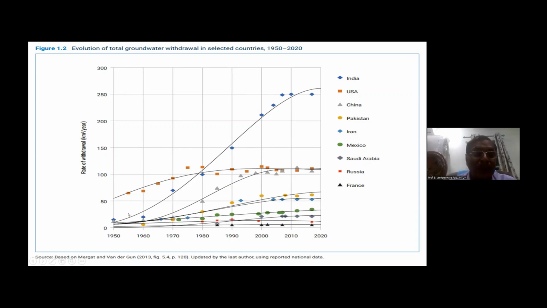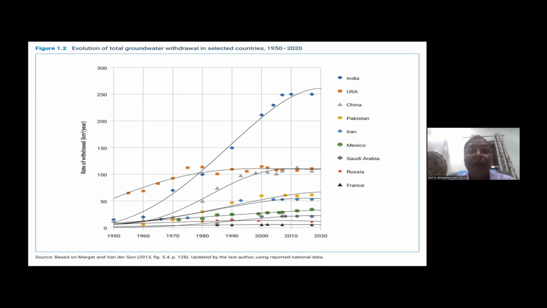Whereas in the Indian scenario, if you look at this graph, now even India appears to be stabilizing. So overall total groundwater withdrawal is around 1,000 cubic kilometers. At some places it is overutilized, at some places it is not.